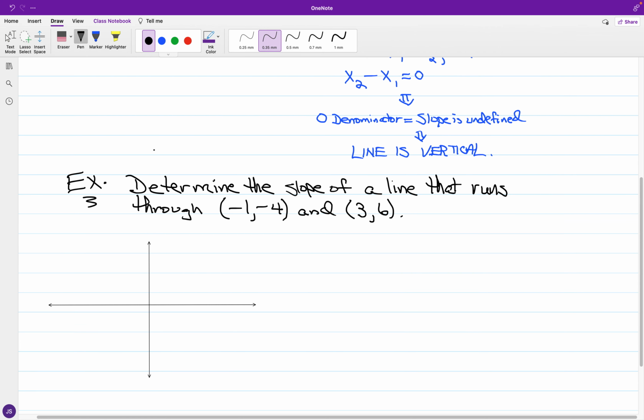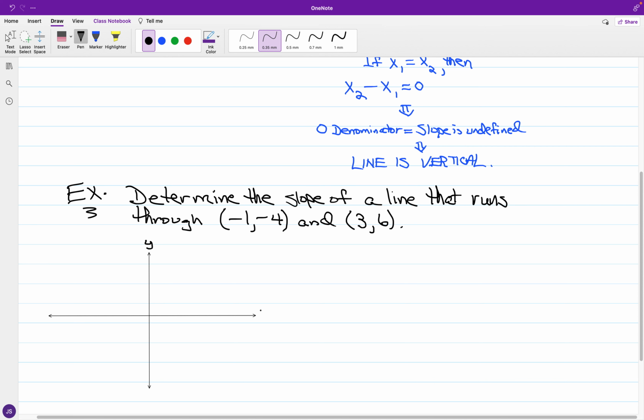Okay, so you have the x-axis and the y-axis. So we have (3, 6) and (-1, -4).